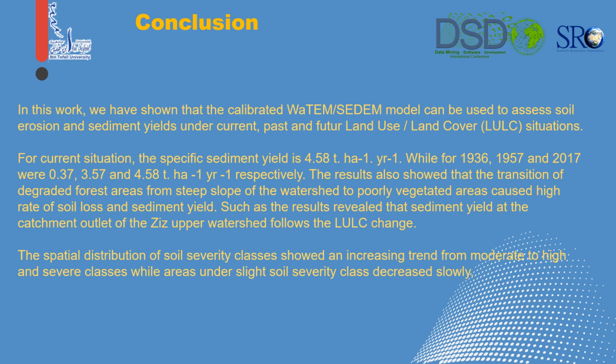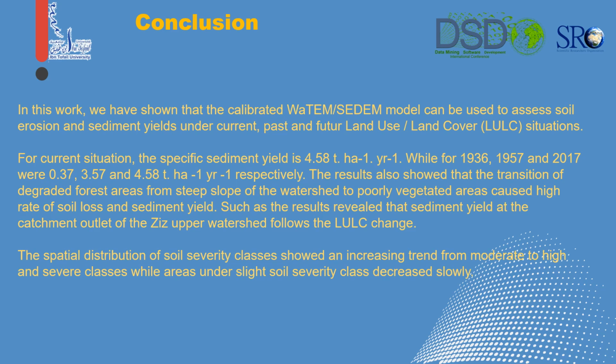For the current situation, the specific sediment yield is 4.58 tons per hectare per year, while for 1936, 1957 and the current situation they were 0.37, 3.57 and 4.58 tons per hectare per year respectively.